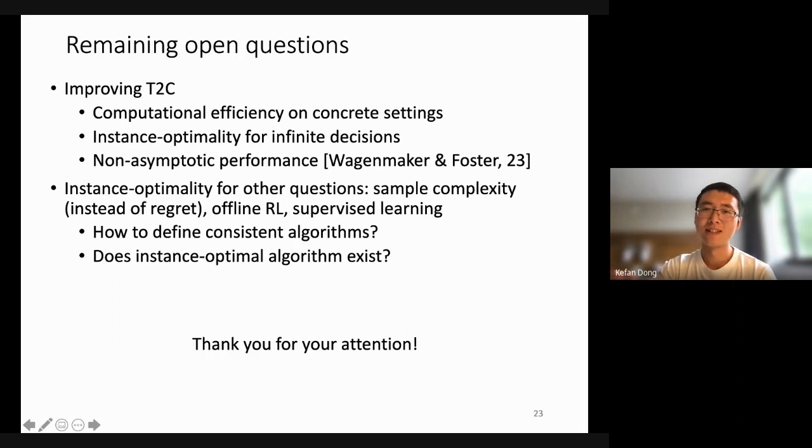You can have an instance that is arbitrarily close to the true one, so it's unclear whether you need to distinguish that. If you fix one instance and let n go to infinity, of course you need to distinguish different instances. But I think there's something happening there that prevents our analysis from extending to the infinite decision space.